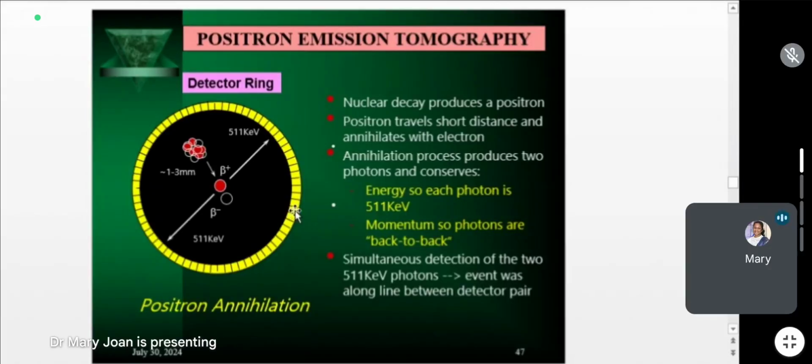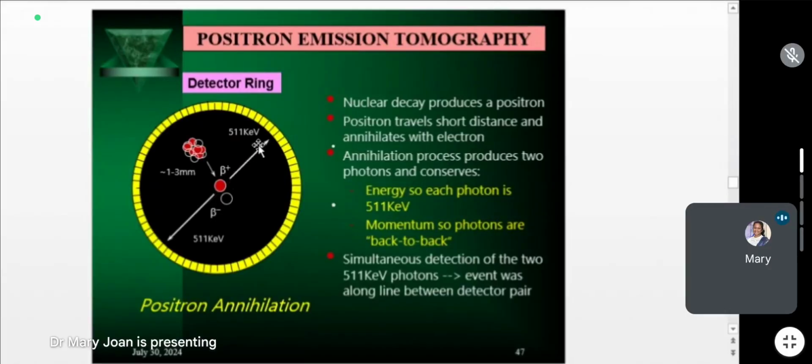So this simultaneous detection of these two 511 photons as an event was along the line between detector pair. So both of these 511 keV photons need to be detected within a window frame so that it is identified as a single annihilation event.